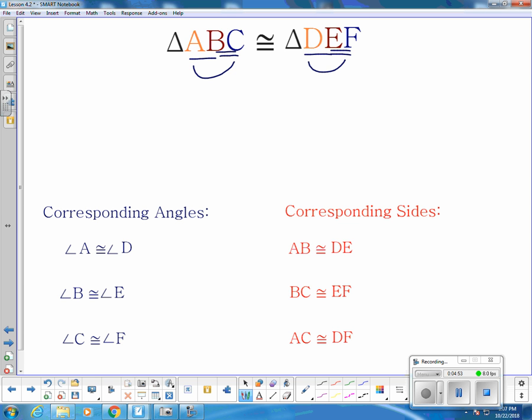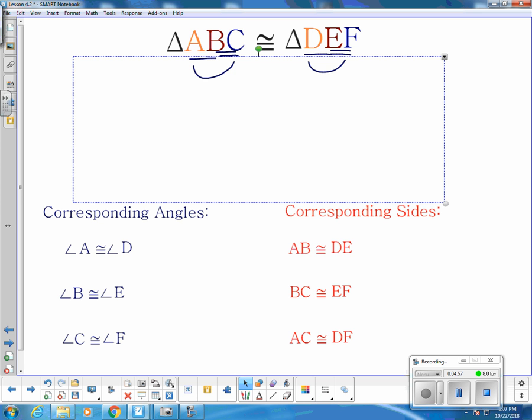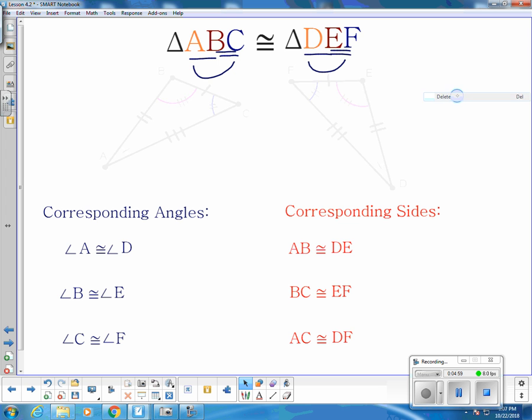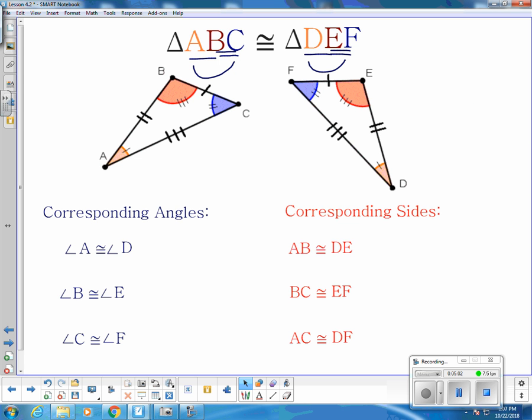Whether we have a picture or not. Sometimes the pictures are more confusing, because if you take this picture away, you know, this has been rotated and flipped around. And if it wasn't color-coded, sometimes it's more confusing to go by the picture. Okay? We want you to be able to see. Okay? All right.